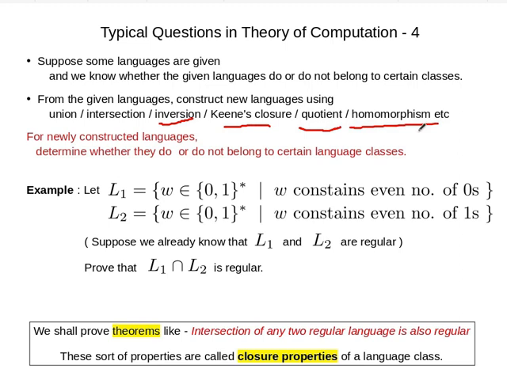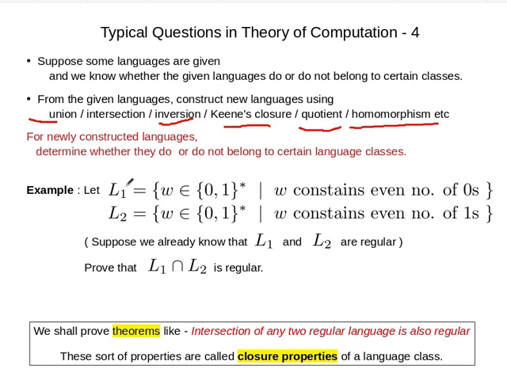So then the question is, if you know that the languages you start with belong to some language class or do not belong to some language classes, then with that knowledge, can you prove that the newly constructed languages, made out of these given languages using all these operations, also belong or do not belong to certain language classes?